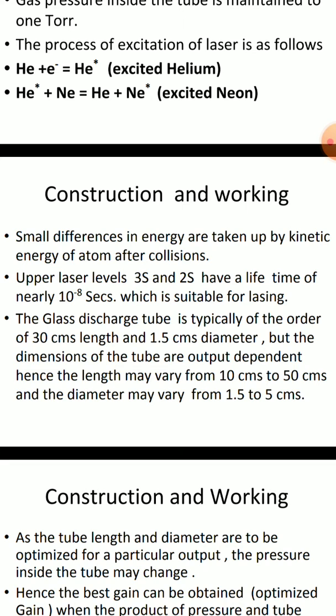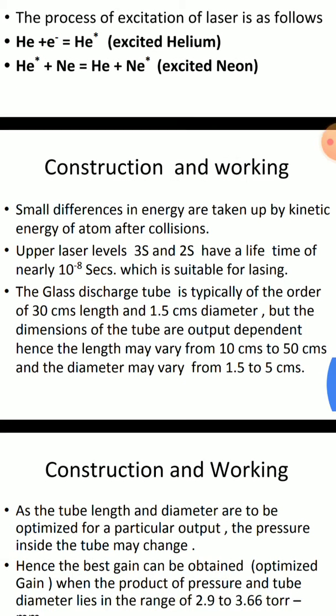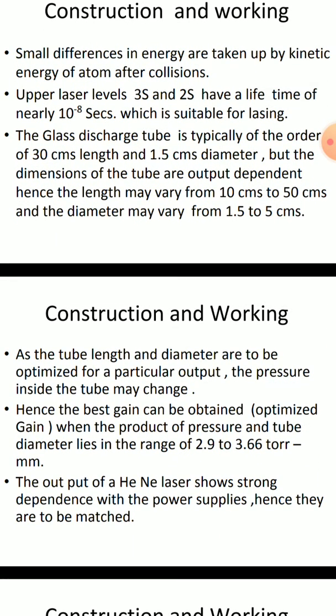But in order to get an optimized output, the length and diameter of the tube are output dependent. Hence, the length may vary from 10 centimeters to 50 centimeters, and the diameter may vary from 1.5 to 5 centimeters. As the tube length and the diameter are to be optimized for a particular output, the pressure inside the tube may vary.